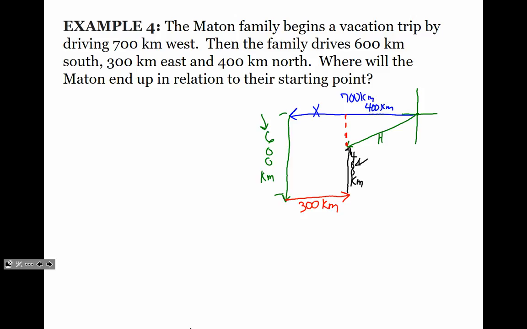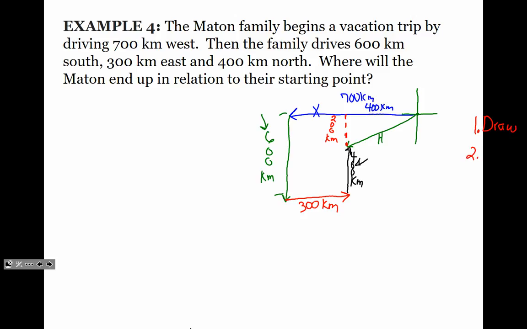So this is 200 kilometers. All right, now I've got my sides. I have my A and I have my B. I can do the Pythagorean theorem. So let's take my checklist. Let's make sure we've got our checklist handled. One, we did a picture.